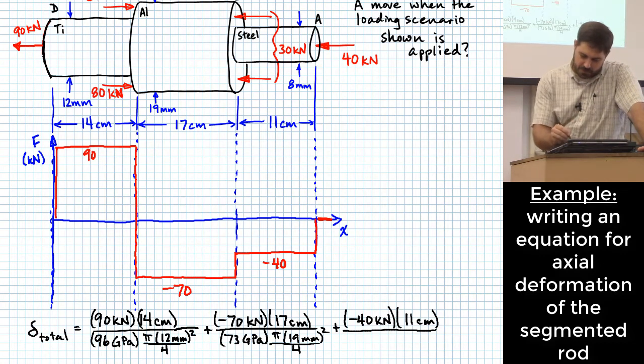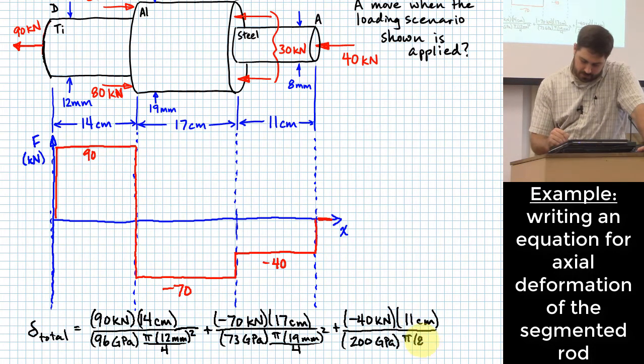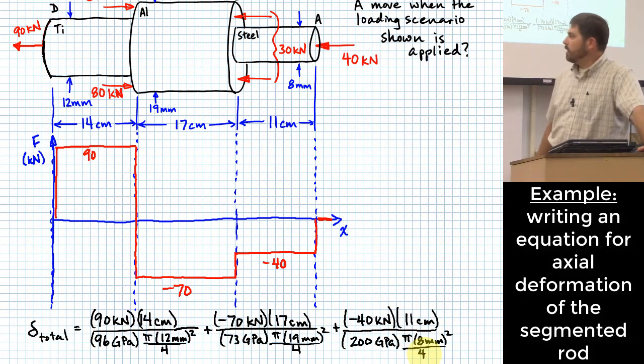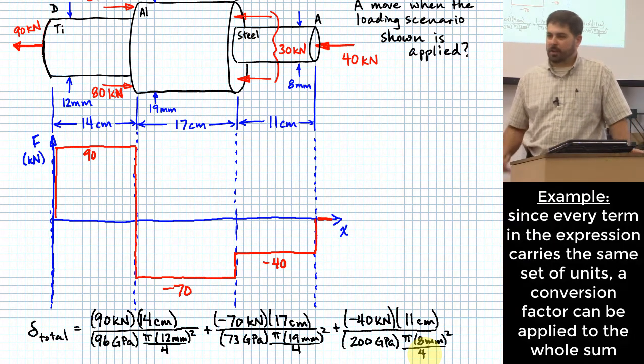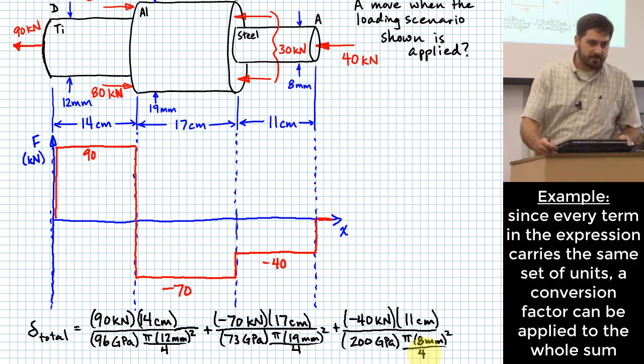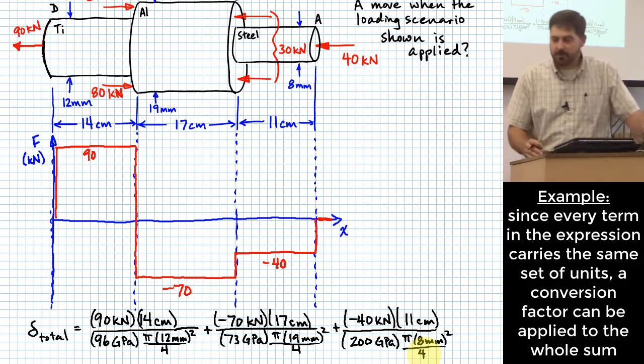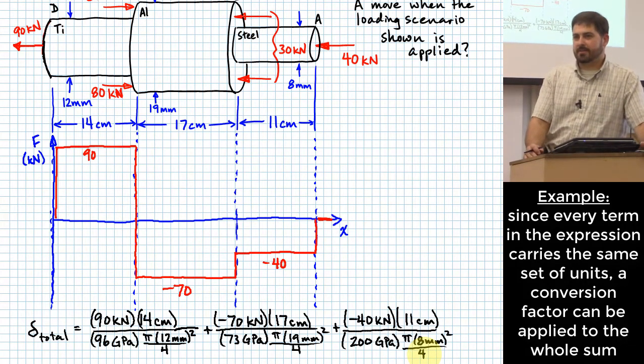So let's put in here 200 GPa. And down here, pi times 8 millimeters squared over 4. Now, some of you might be cringing a little bit looking at all of those units up there. Are you? It's okay to admit it.